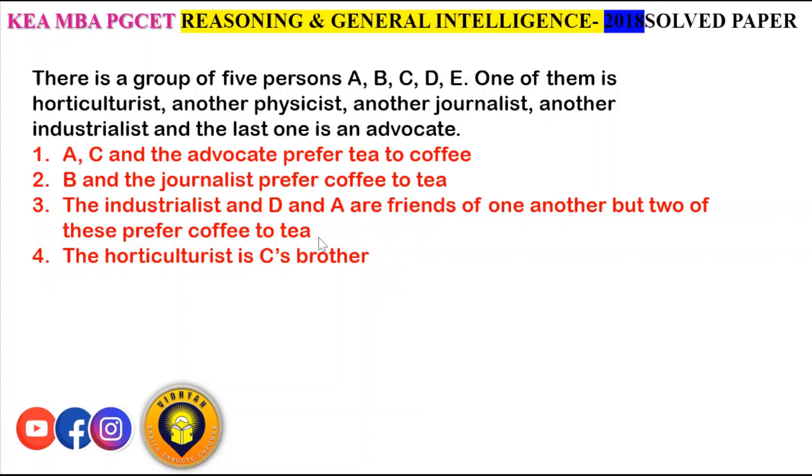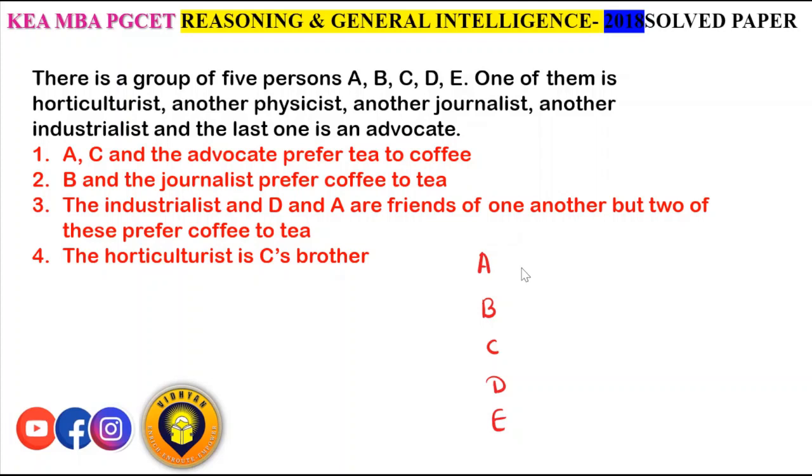There is a group of 5 persons, A, B, C, D, E. One of them is a horticulturist, another a physicist, another a journalist, another an industrialist, and the last one is an advocate. Now see, A, C, and the advocate prefer tea to coffee.